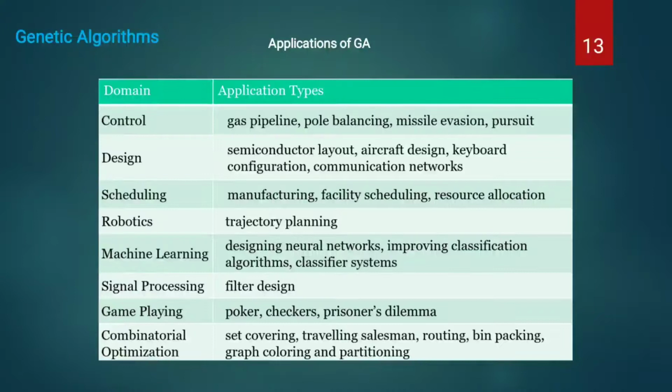We have trajectory planning, machine learning, designing neural networks, improving classification algorithms, classifier systems, signal processing. We have filter design, game playing, poker, checkers, and combinatorial optimization, set covering, and the traveling salesman.